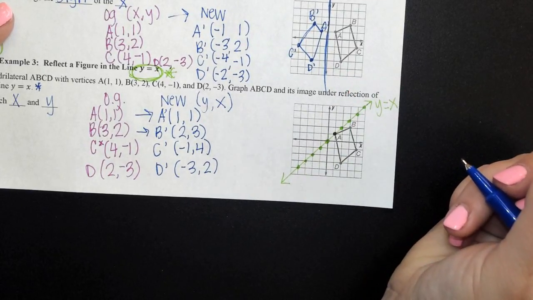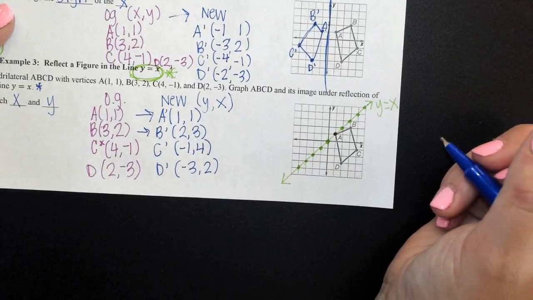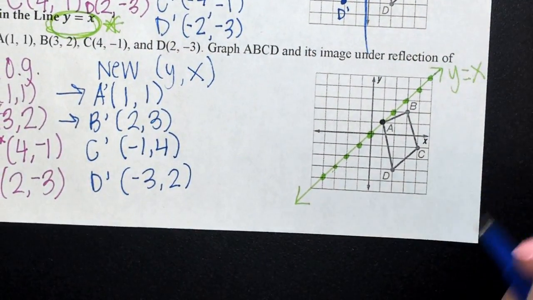Well, A stays the same, right? Because it's on the line of reflection, A stays the exact same. But all the rest of them will change.